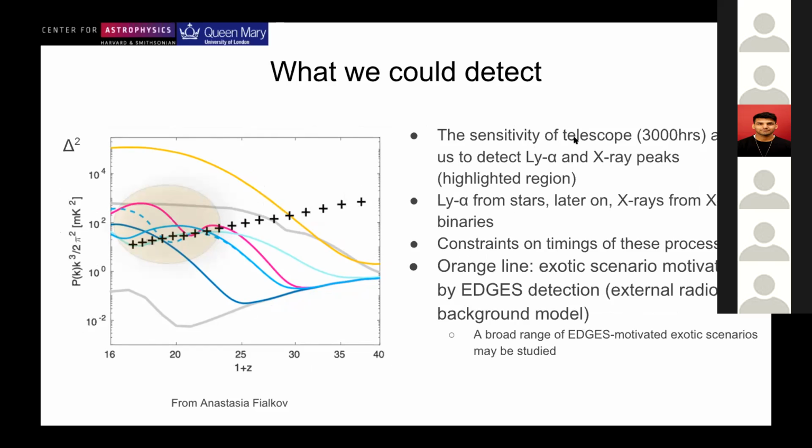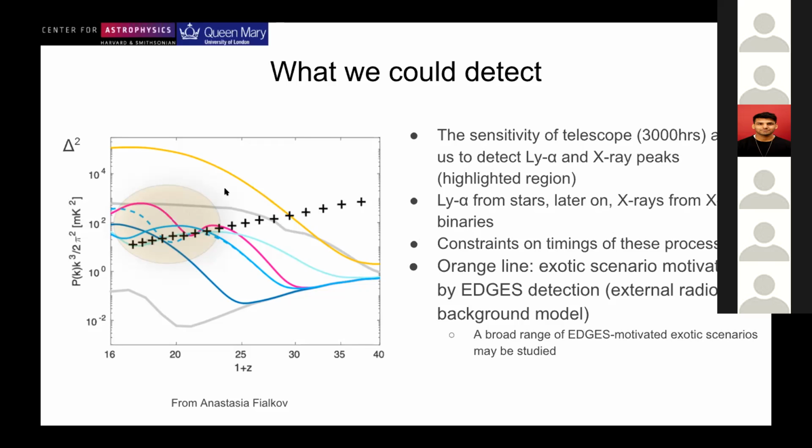The sensitivity allows us to detect Lyman alpha and X-ray peaks that are in this highlighted region. The Lyman alpha is from these stars as they arise, later on X-rays from X-ray binaries. So we'll be able to put constraints on the timing of these processes.